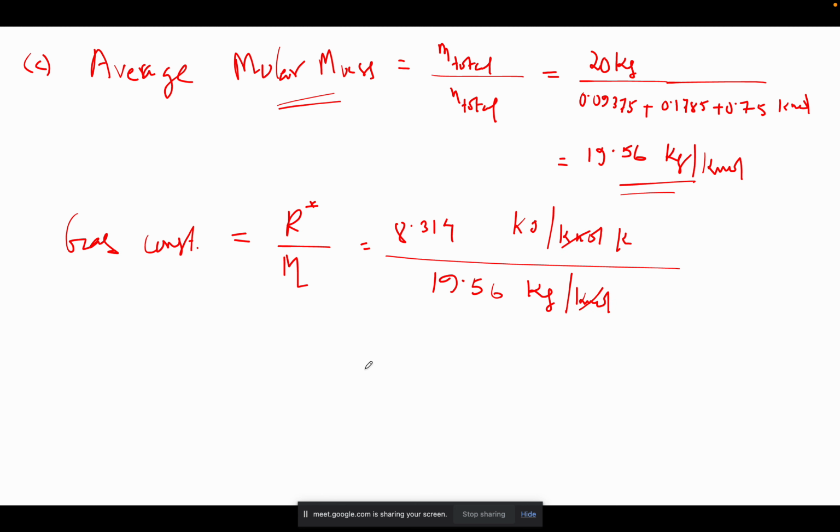Kilomole got cancelled out, so this will be 0.425 kilojoule per kg Kelvin.